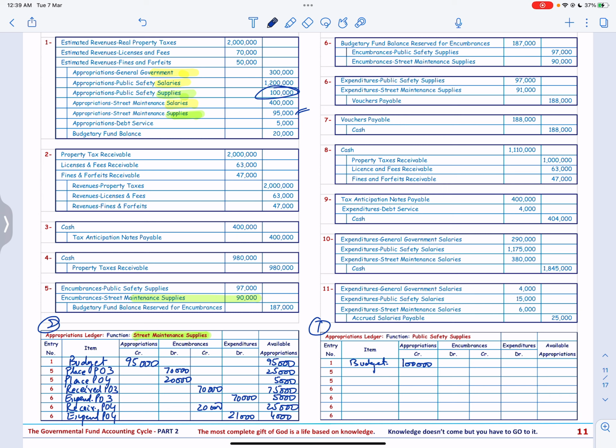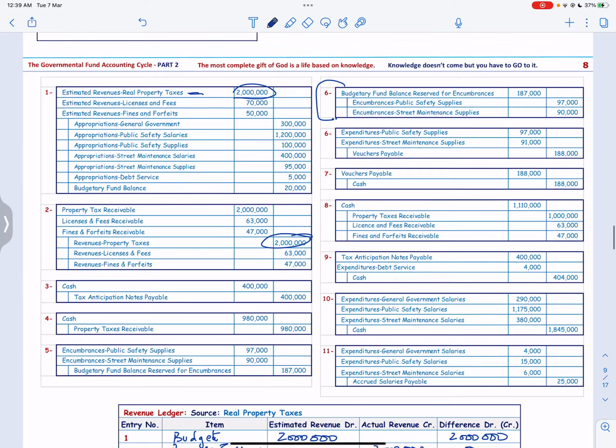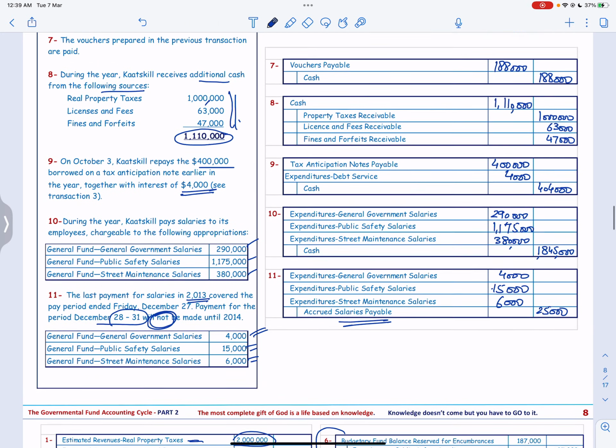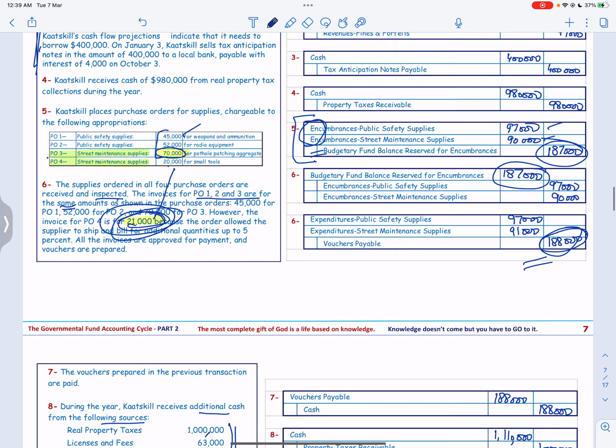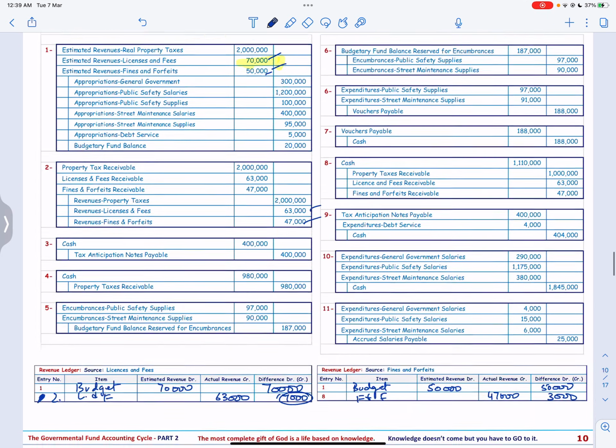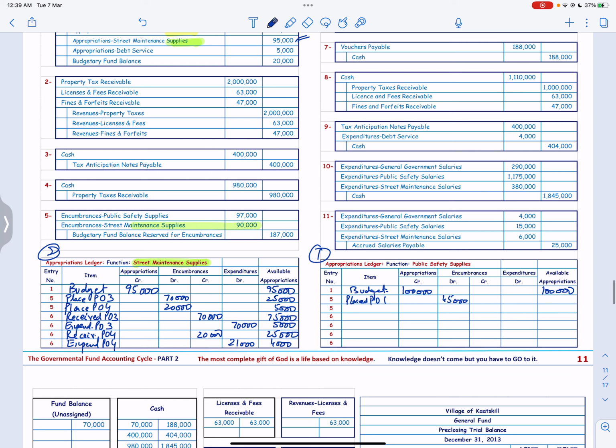So appropriations are 100,000 and the available appropriations are 100,000. Then we have placed purchase order number 1, which was for 45,000, and the balance will be 55,000.